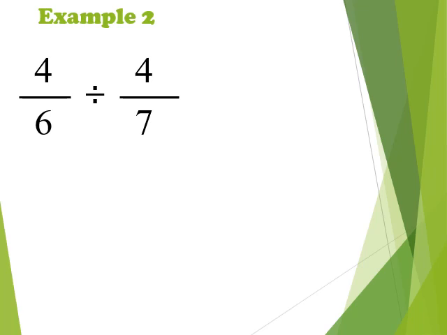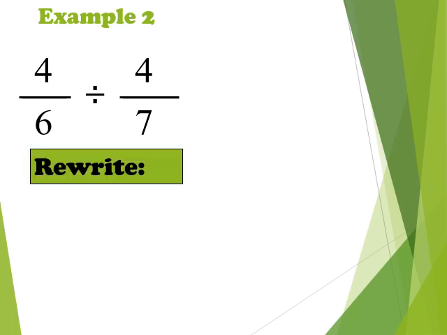Example number 2, 4 out of 6 dividing by 4 out of 7. Follow the steps. Step number 1, rewrite the first fraction. So I will rewrite 4 out of 6.